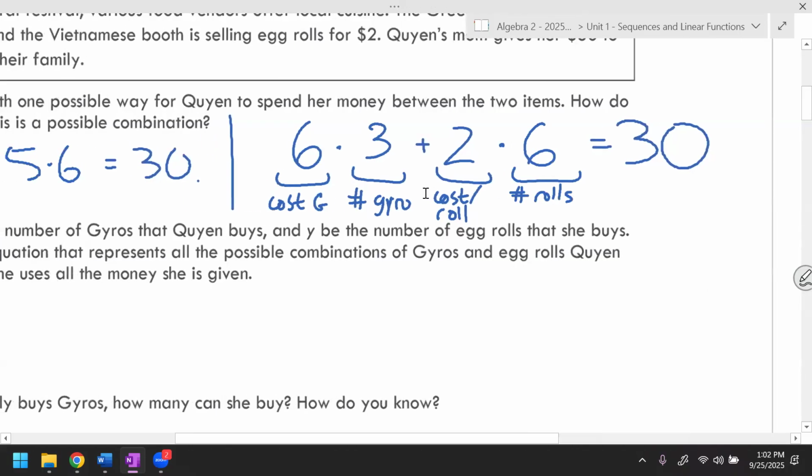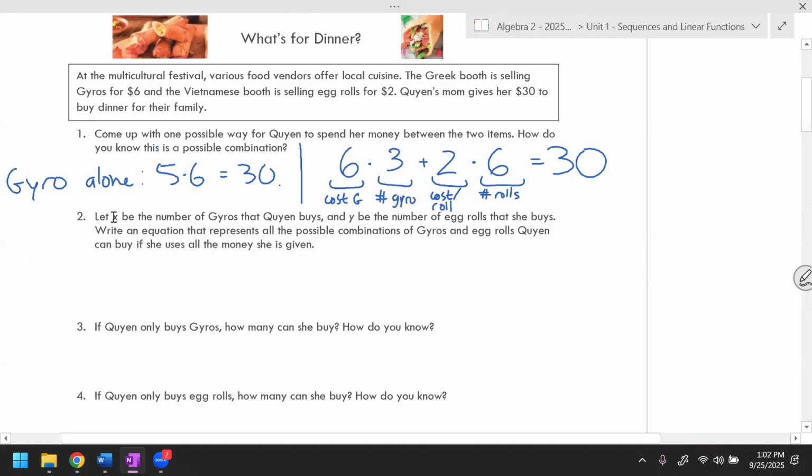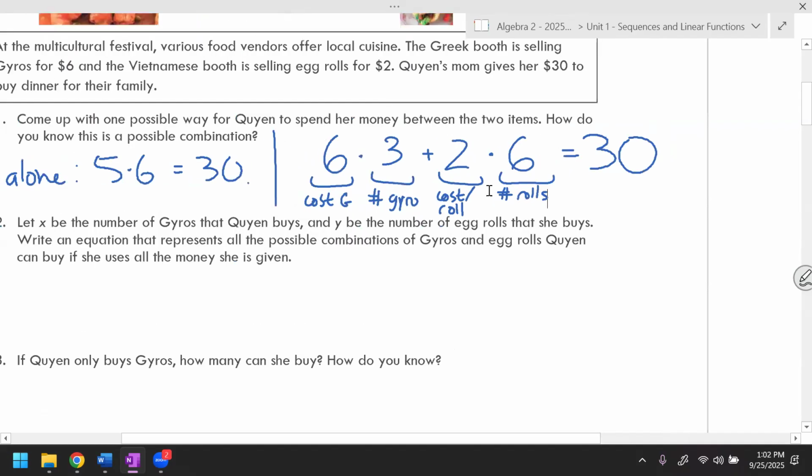Question 2 is asking, if x is the number of gyros and y is the number of egg rolls, can I modify this blue equation up here to create an equation that describes the different combinations of gyros and egg rolls that I'm buying? Lila?